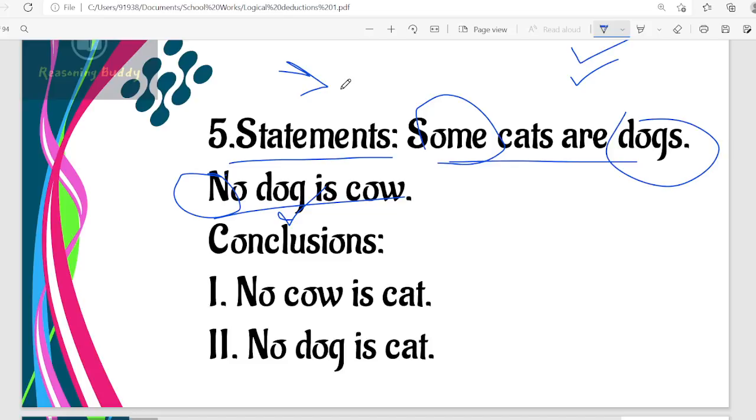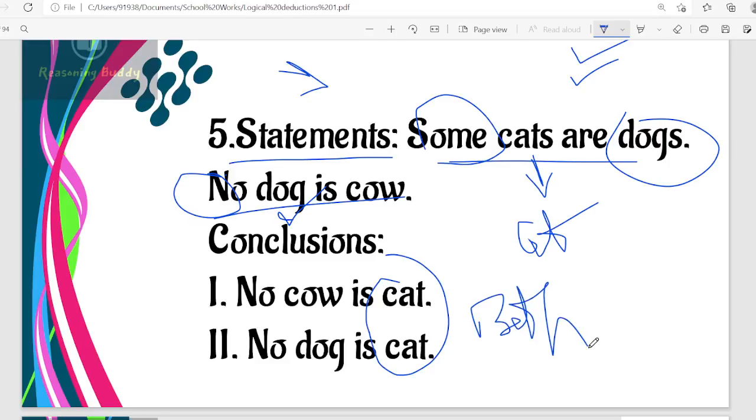And seventh rule, that is non-distributed term. Here the non-distributed term is cat. So cat should be in the answer. Cat is in both conclusions. So in this case you can take both. If you apply all the 7 rules and two conclusions are not eliminated, then you can take both 1 and 2 are correct.